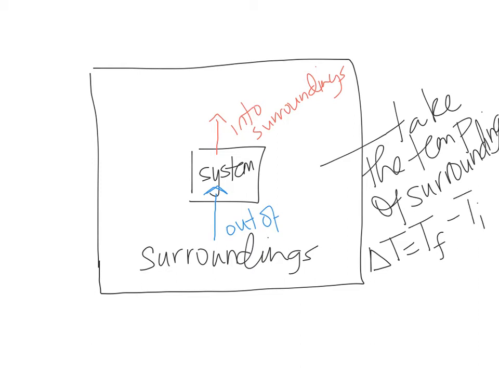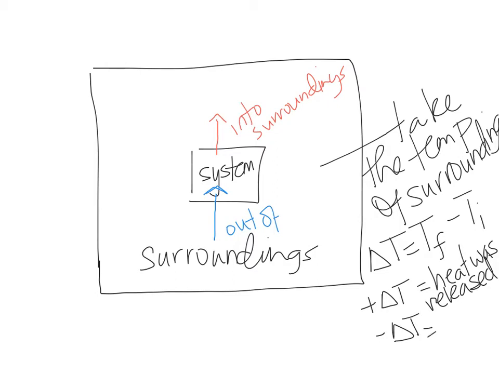If the temperature change is positive, that means the final temperature was larger than the initial temperature, so heat was released by the system. If we have a negative delta T, that means the initial temperature was higher than the final temperature, which means the surroundings got colder, which means heat was absorbed by the system.